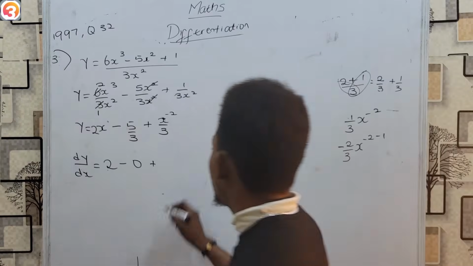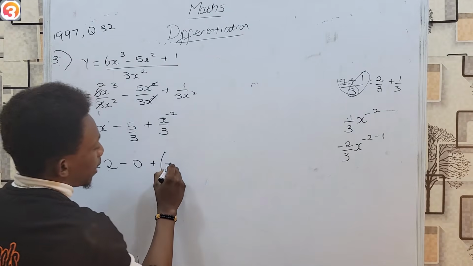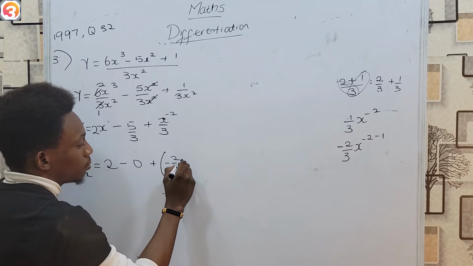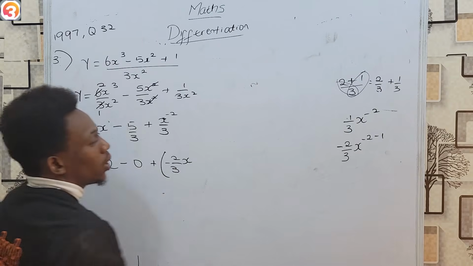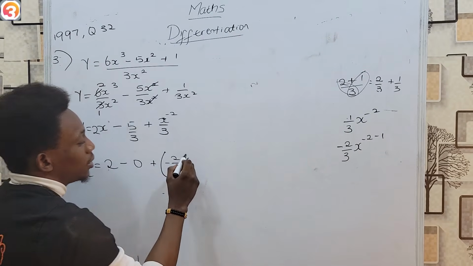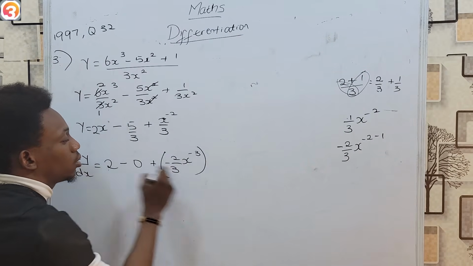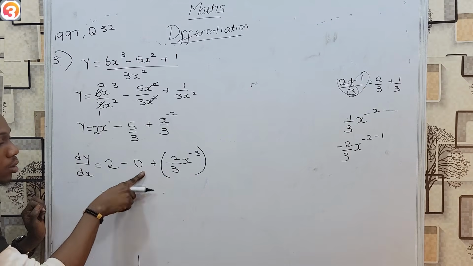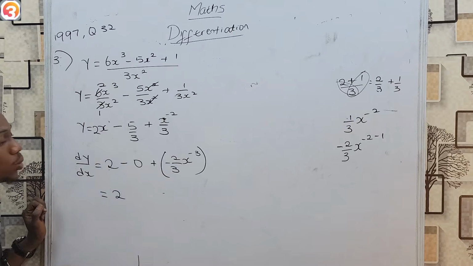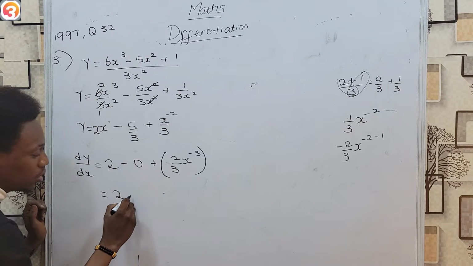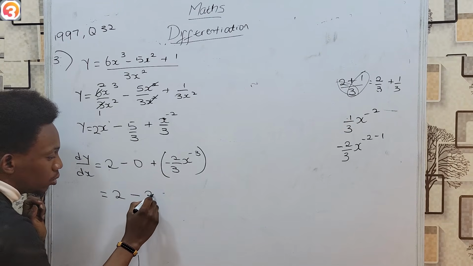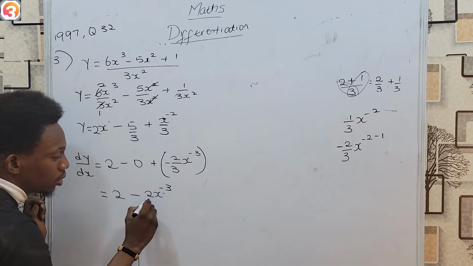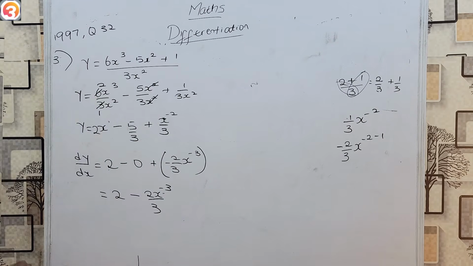And I know that that would give me minus 2 over 3 x raised to the power minus 2 minus 1, which is minus 3. Okay, so dy dx will be 2 minus 0 is 2, plus times minus is minus 2x to the power minus 3 over 3.